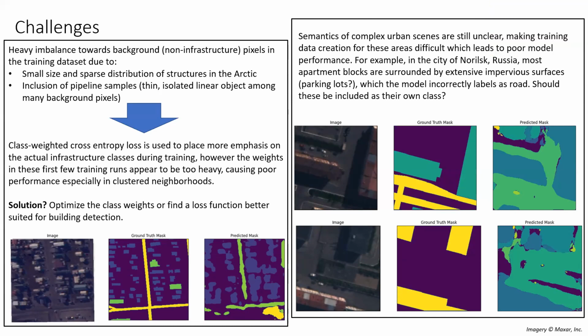Sergio just brought up a really good point, and this is something we're looking into right now. In the next training run that I'm going to do, I might try to input ArcticDEM, because this might help the model differentiate this impervious cover from buildings too. So that's a very good point.